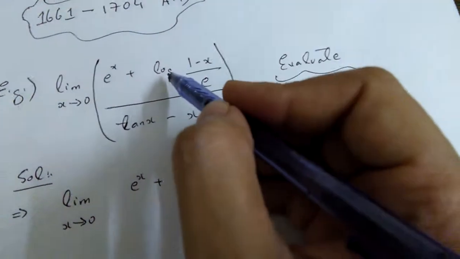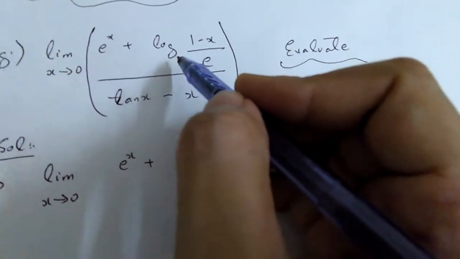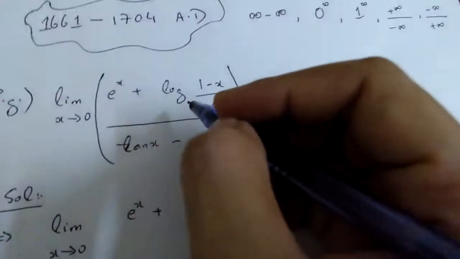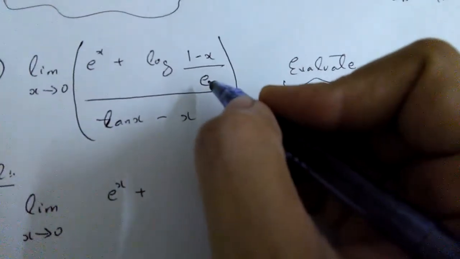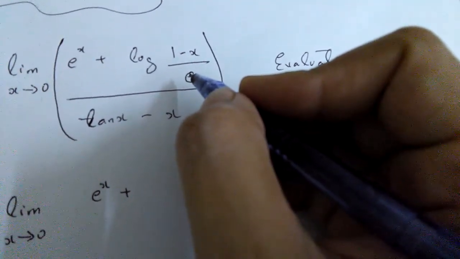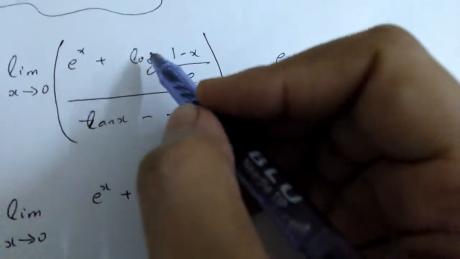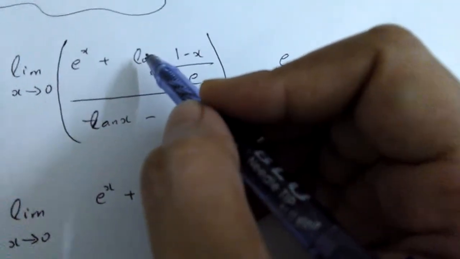If I'm talking about this log, this is log of base e, it's understood. We are going to take this log as a log of base e because you can see that in the numerator we have e. So in order to handle this Euler number, we just assume that this log is the log of base e.